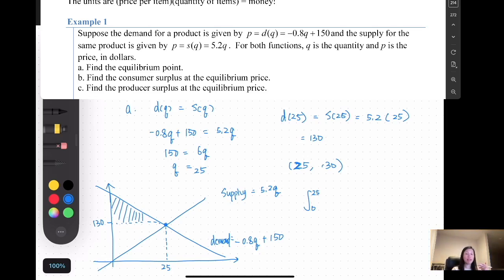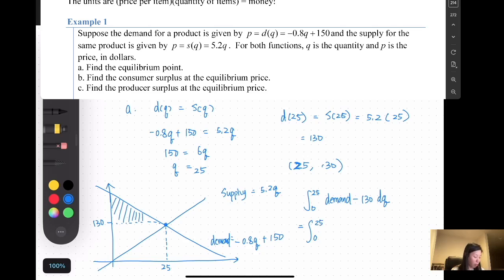From the previous section, we learned that to find the area between two bounded lines, we use the above line to subtract the bottom curve, which in this case is going to be the demand function, subtract the equilibrium price, which is y equals 130, dq.